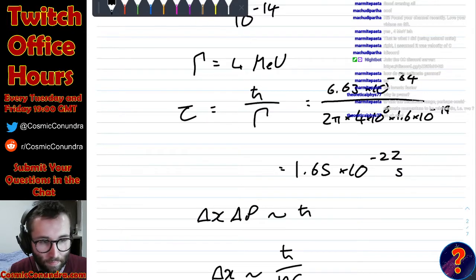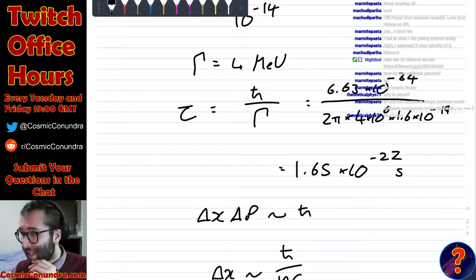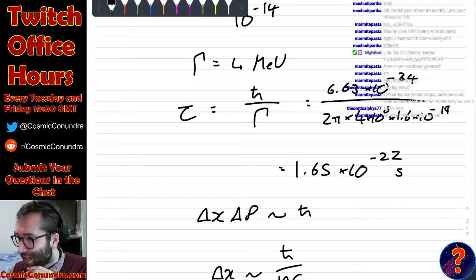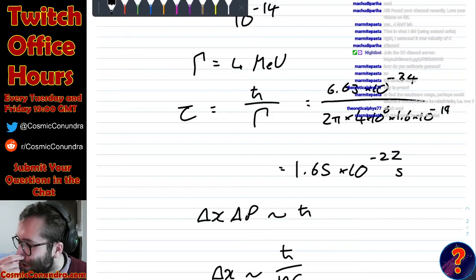But yeah, I think it's fine to do it like that. This is still a ridiculously tiny length over which it decays. That 10 to the minus 14 is like 10,000 times smaller than the width of an atom. So that is a very tiny length over which it's decaying.